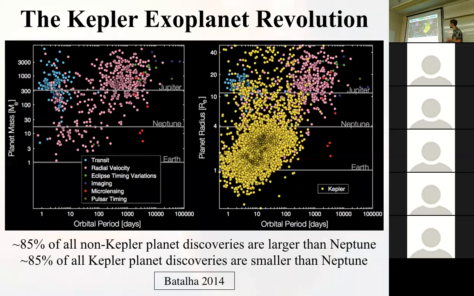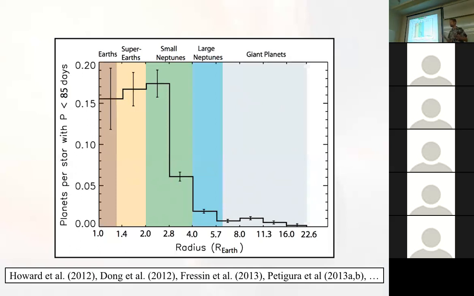What is the occurrence rate of planets in our galaxy? And this is summarized in this plot, which shows the occurrence rates of planets, the number of planets per star in a given orbital period bin, so 85 days or less, as a function of the radius of the planet. So it shows you how often planets of a given size occur.